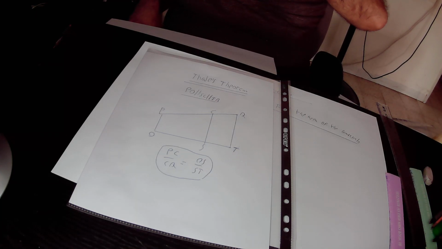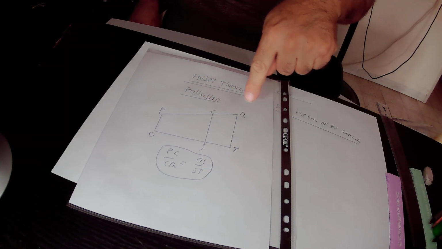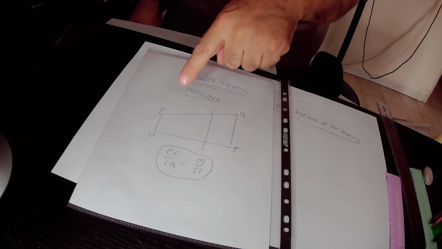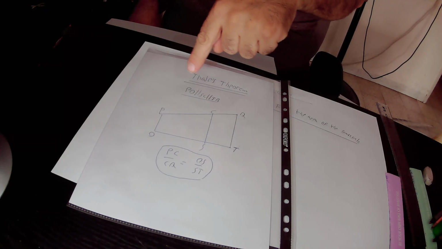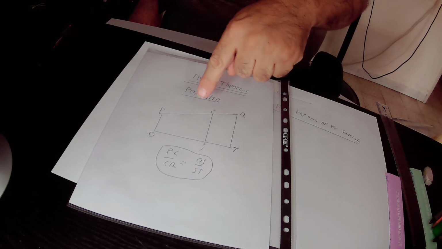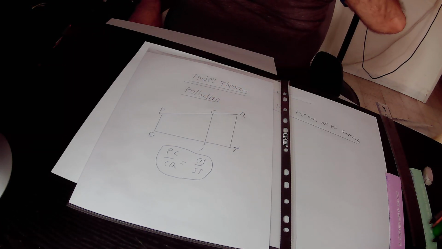This theorem gives us the relationship between PQ and OT. According to this theorem, PC over CQ equals OS over ST.